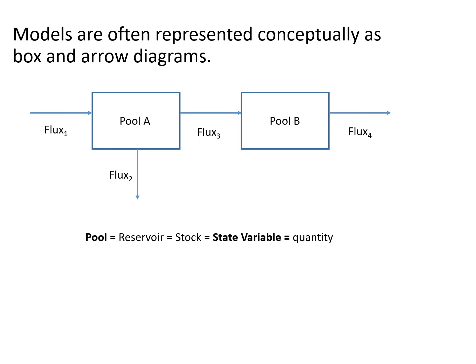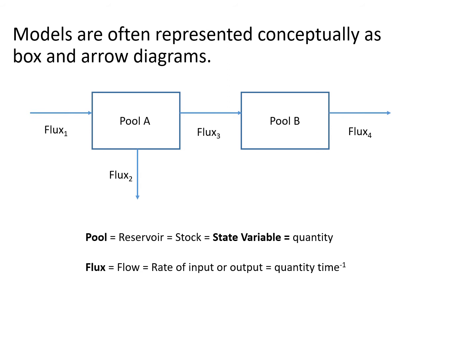So that's a quantity, and it is what we're keeping track of in the model. Flux is a flow or a rate of input or output. So it's a quantity per unit time. And that's how material is moving from one pool to another pool.